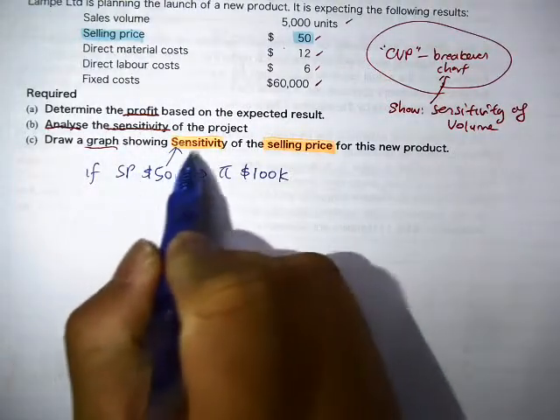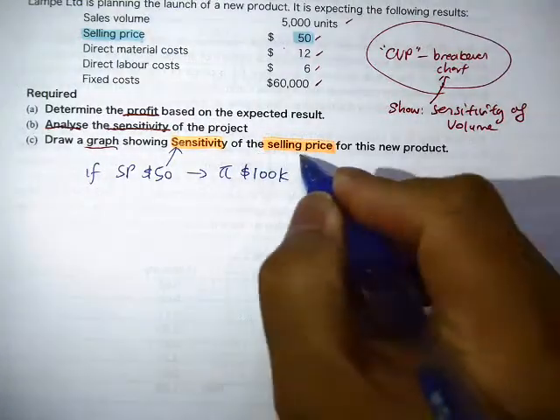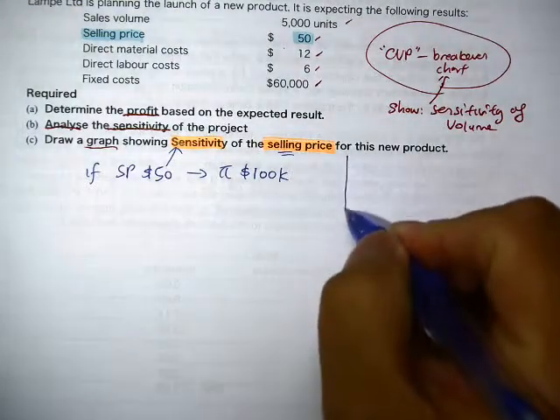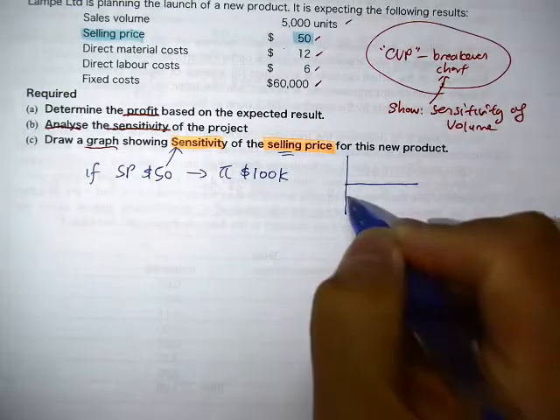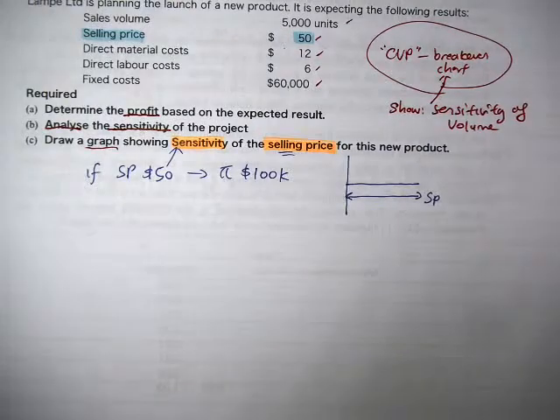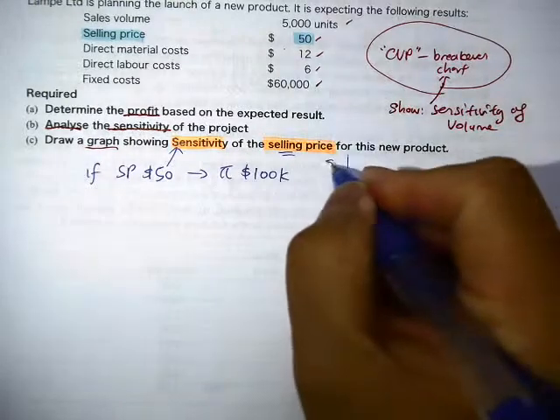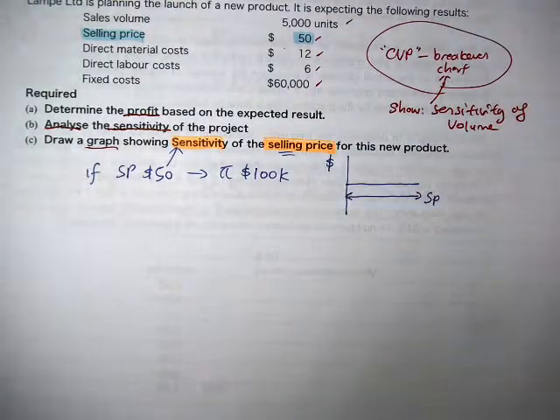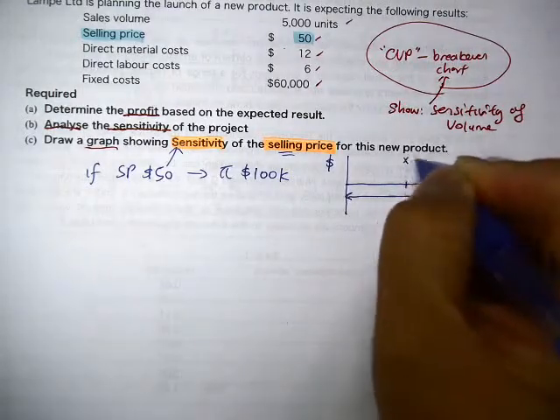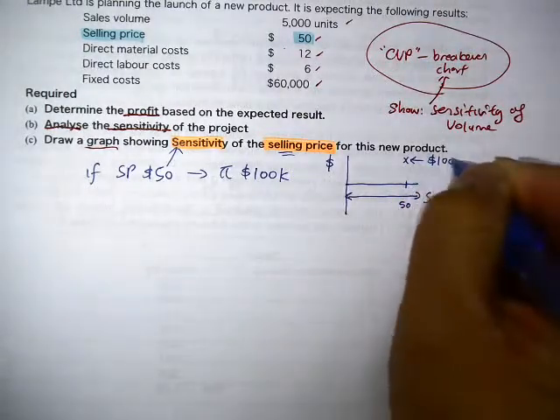So if you want to draw a sensitivity of the selling price, that means you expect that this is your selling price, then the amount is here. So if your selling price is 50, your profit is 100.